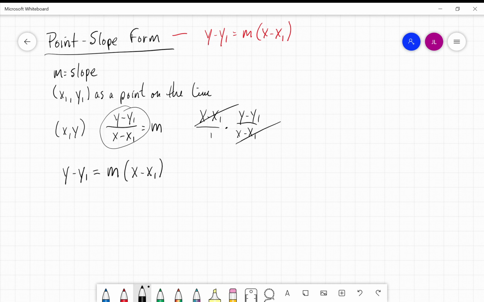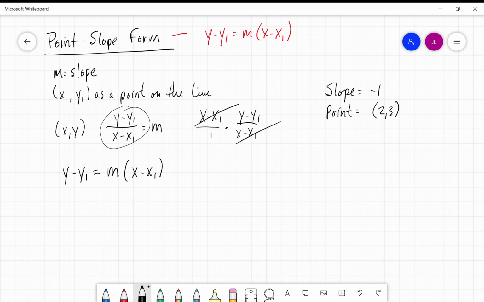So what does this mean for us? Well, let's say we have a slope of -1, and the line passes through the point 2, 3. So we have a slope, we have a point, so we can use the point slope form.